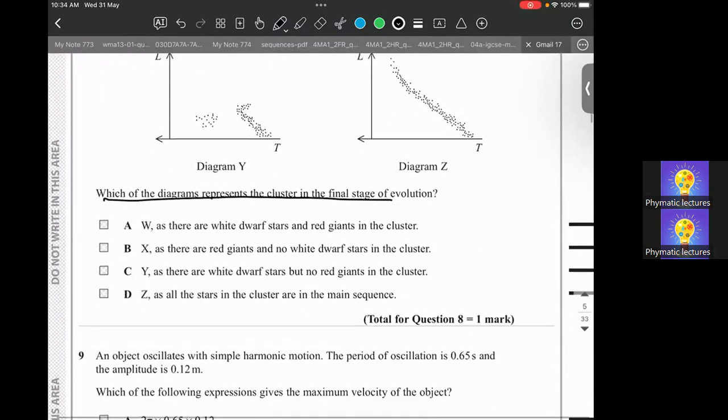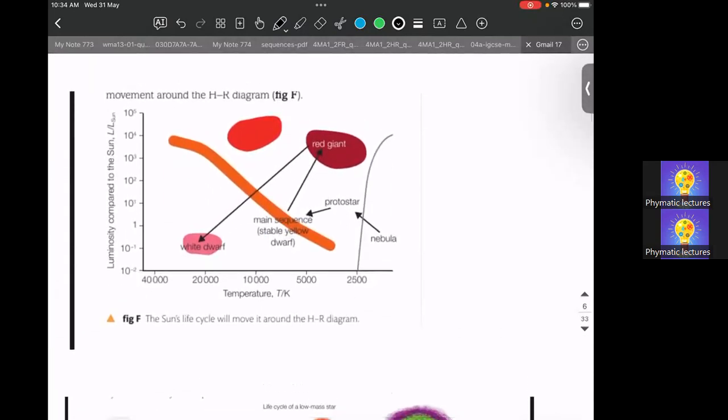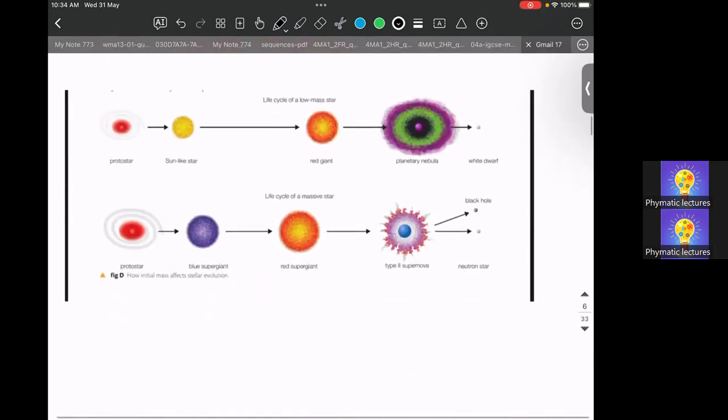To get an idea about this question, you can just go through the HR diagram concept. I have taken this snip from our textbook. You can see this is our main sequence line. If you go through the life cycle of a low mass star and a massive star, it starts from protostar, then it becomes a sunlike star, red giant, then planetary nebula, and finally, the final phase is white dwarf.